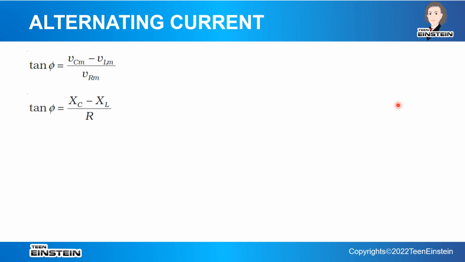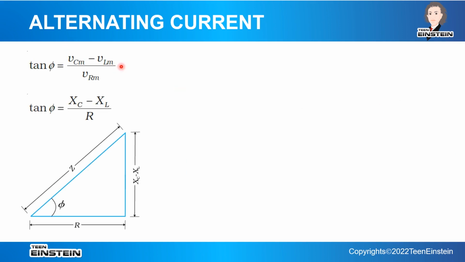If you substitute the values of Vcm, Vlm and Vrm and cancel out all the Im values, because Vcm is Im multiplied by Xc, Vlm is Im multiplied by XL, and Vrm is Im multiplied by R, you get tan phi equal to Xc minus XL divided by R. So this is a beautiful equation.